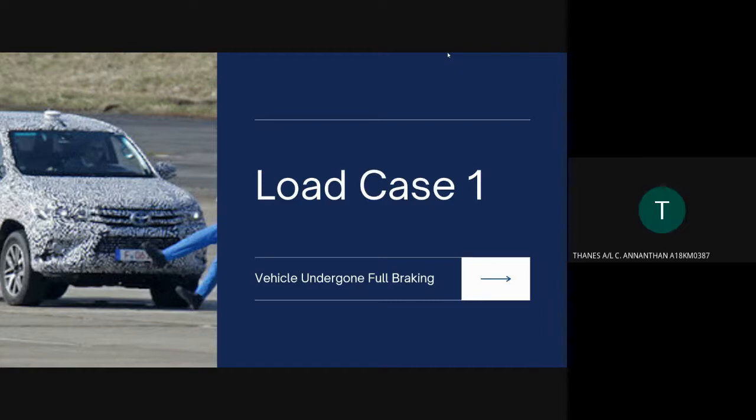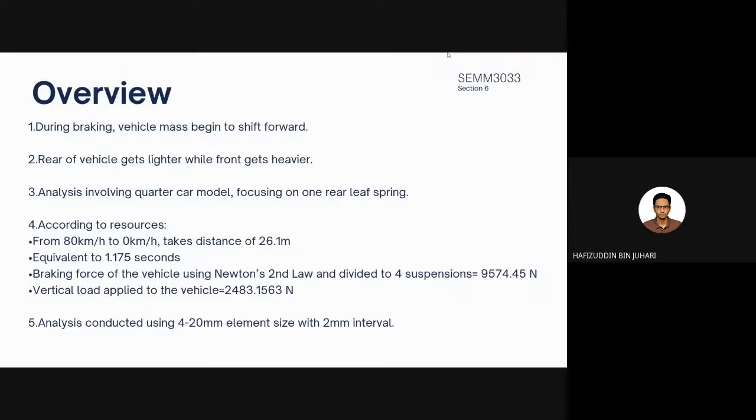Thank you very much, Hafizuddin. So I will continue with load case 1, vehicle undergoing braking. During braking, the vehicle mass is shifted forward. This makes the rear of the vehicle lighter, while the front part gets heavier.